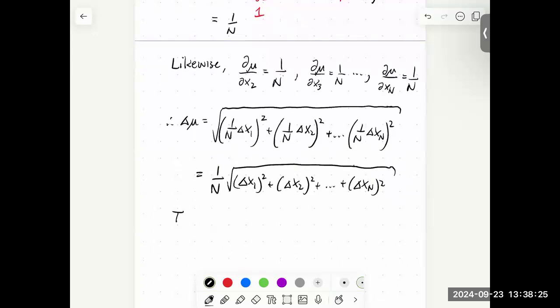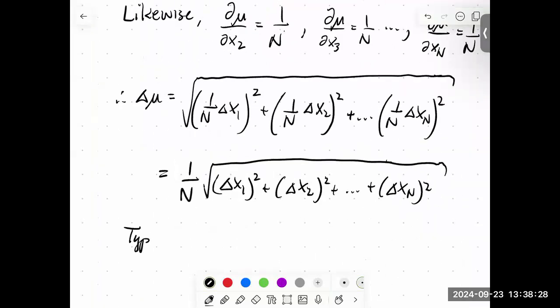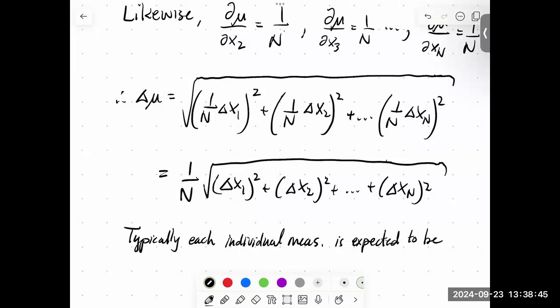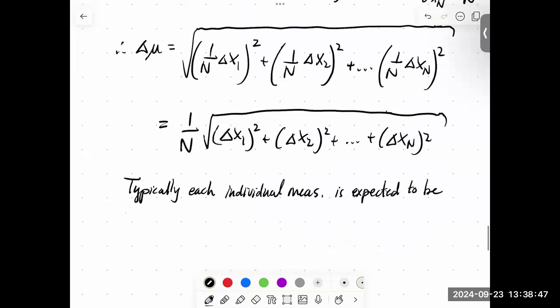So typically, each individual measurement is expected to be approximately 1 sigma from mu, let's say on average.